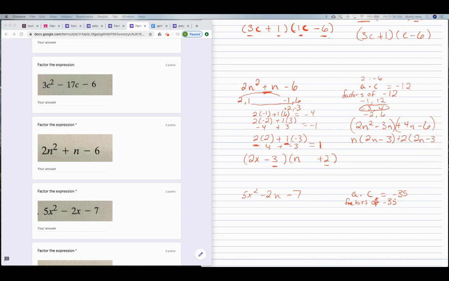And that's a minus 3. So you notice 2n minus 3 appears twice, so that's one binomial. And then n plus 2 is going to be our second. And there we have it. We did it by grouping as well. And you'll notice this is the same value as over here.